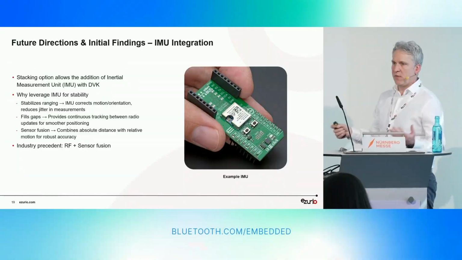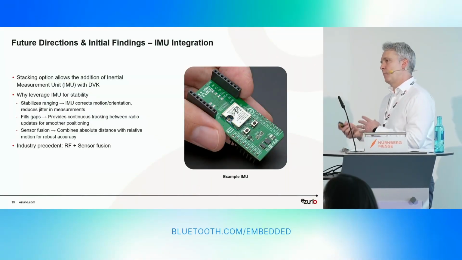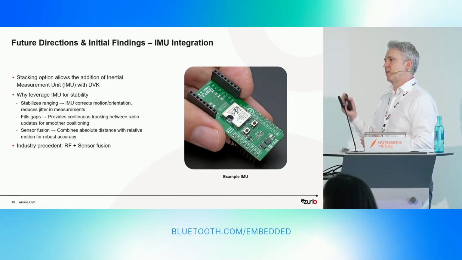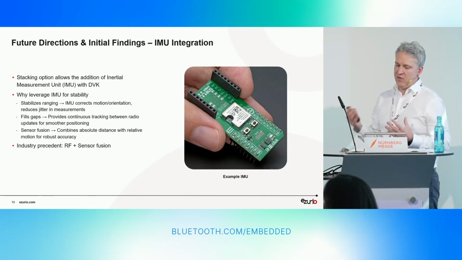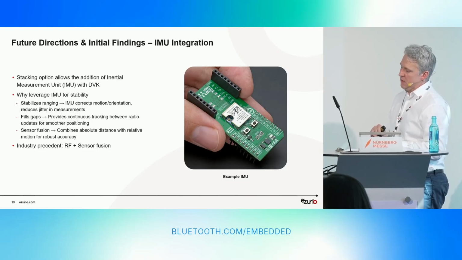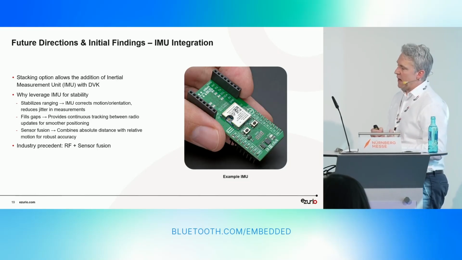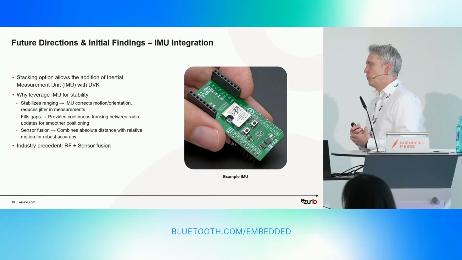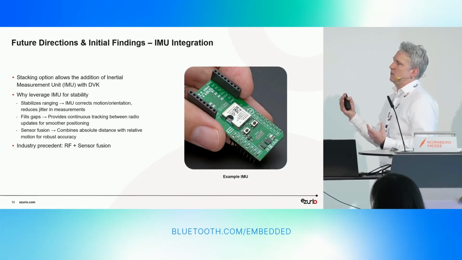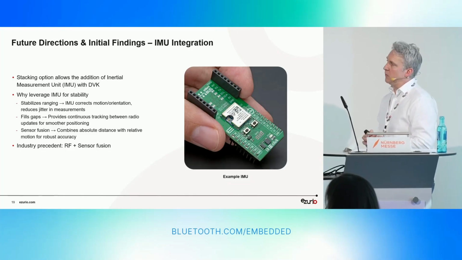So you're getting all of the RF-based data for the distancing, and then you can add motion and orientation data from the IMU on top. And by fusing those all together, you get better stability, smoother measurements, and it delivers a much more consistent user experience. So if you're looking at moving or mobile devices, adding that additional level of data on top of the channel sounding will help improve that environment for you.